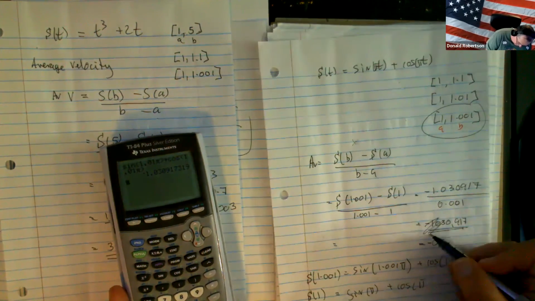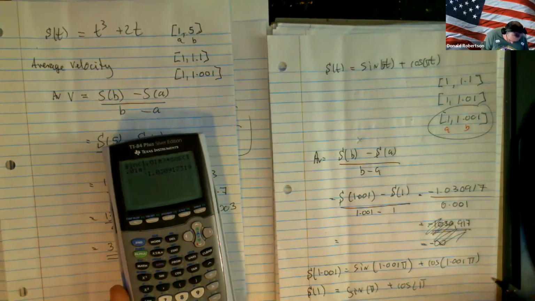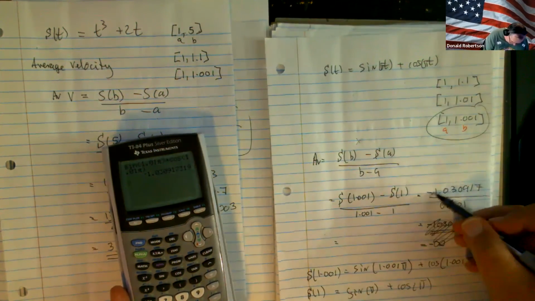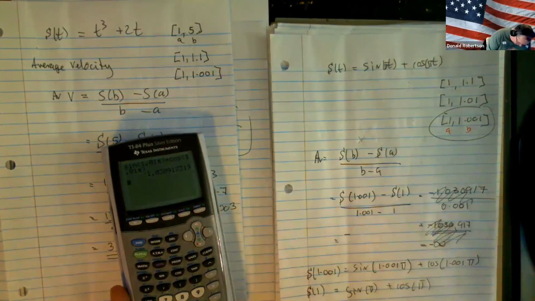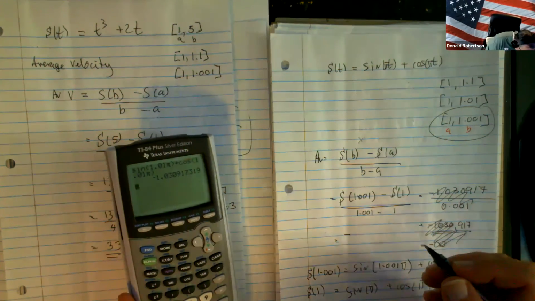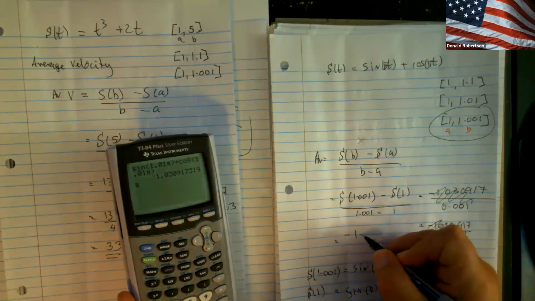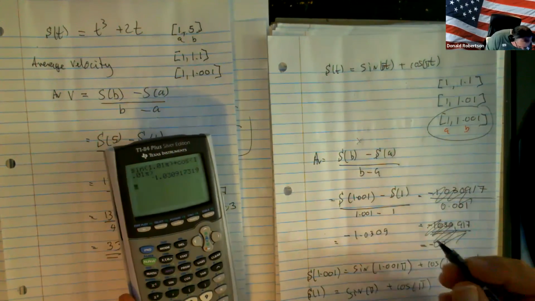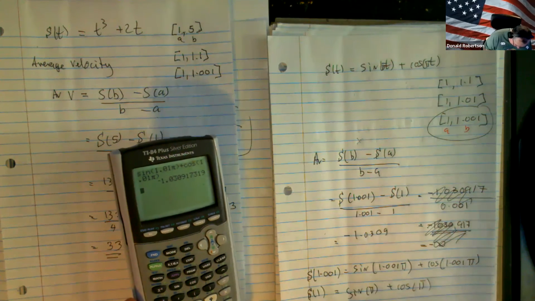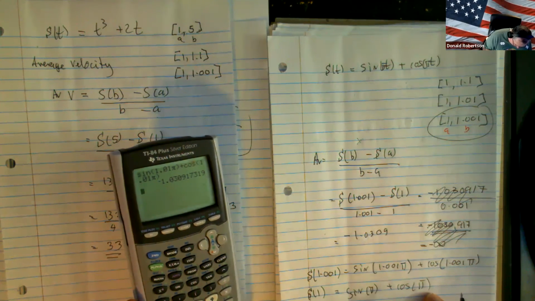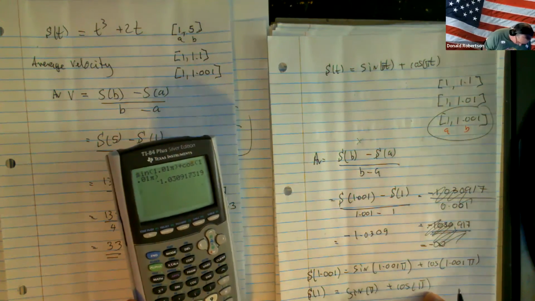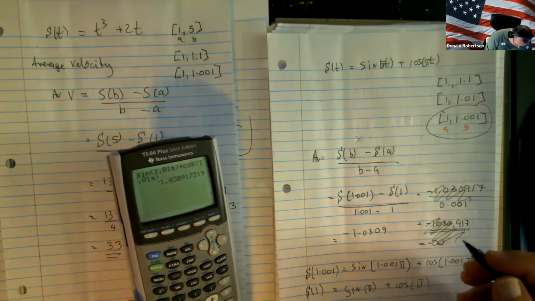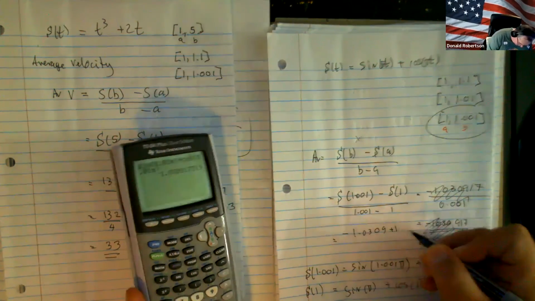Okay, so it's going to be a little bit nicer. What do you get? Well, you get negative 1.0309. Take away that guy. What is that guy? Cosine of pi. Oh, negative 1. So basically, you take away negative 1, which means you add 1.